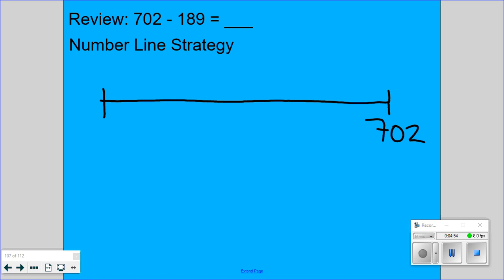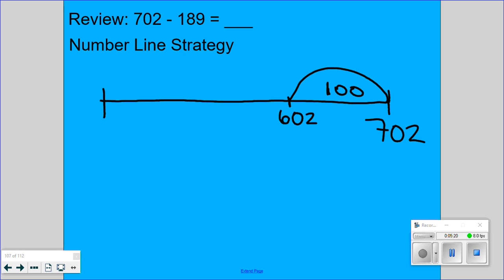All right. Where am I at now, Tegan? Which direction am I going to? 602. We're going backwards. Tegan went 100 back.